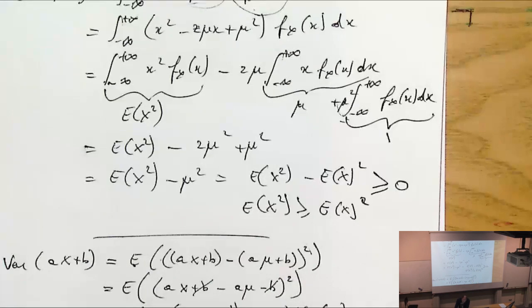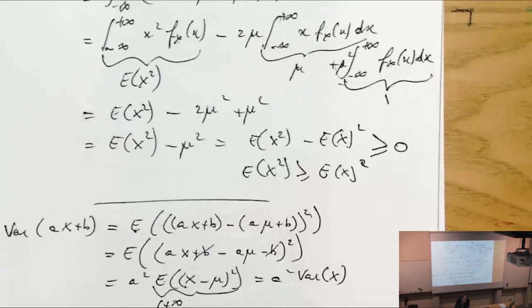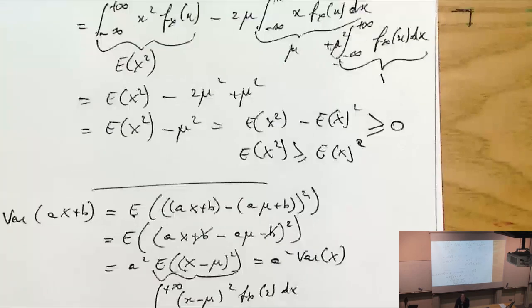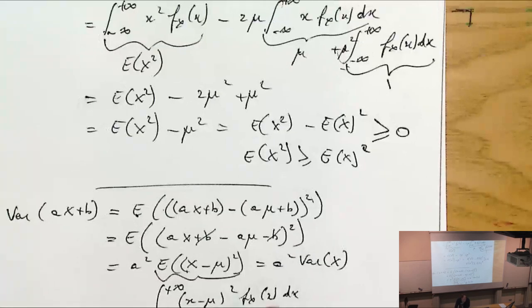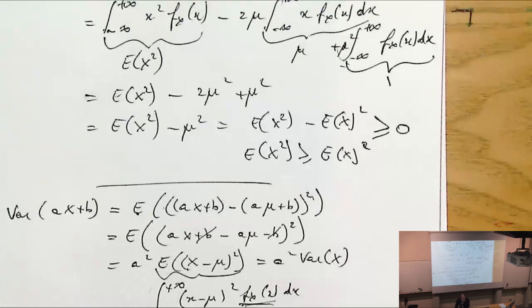This is nothing else than the integral between minus infinity and plus infinity, x minus mu squared multiplied by the PDF of x, right? What we had earlier on was the same, but that was a probability mass function, and we had a sum here, right? But the idea is the same.